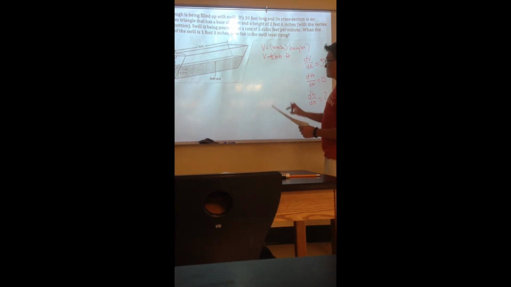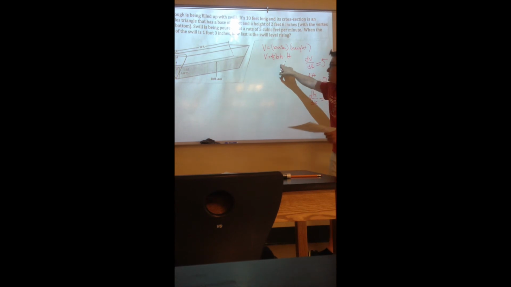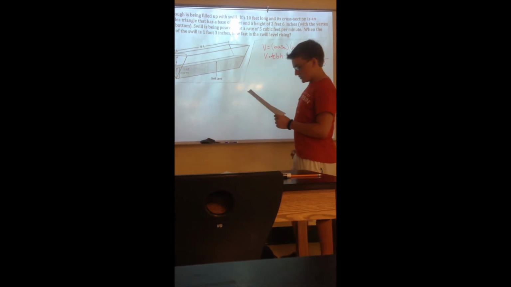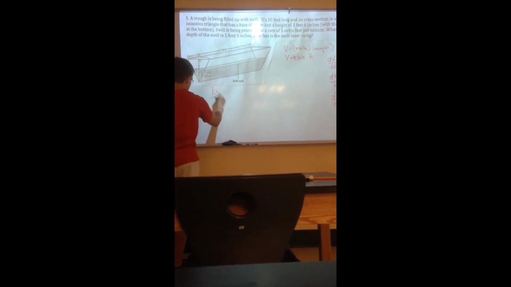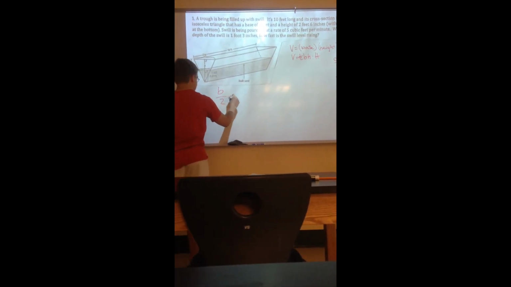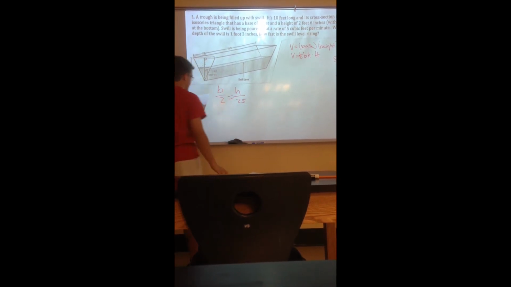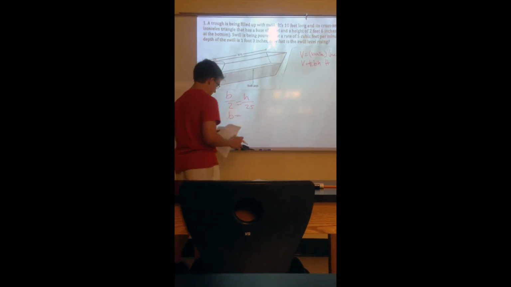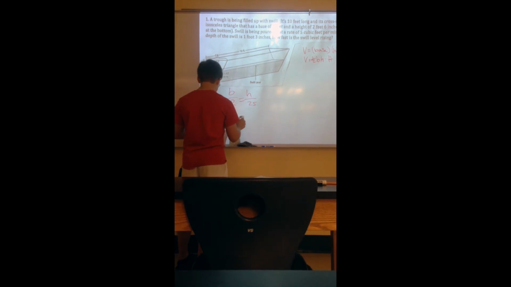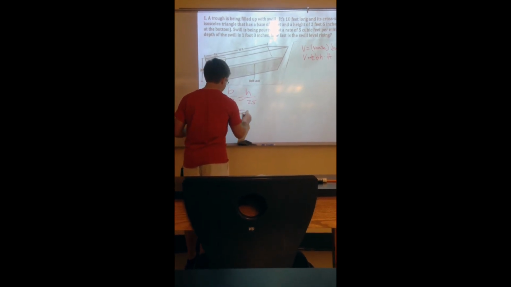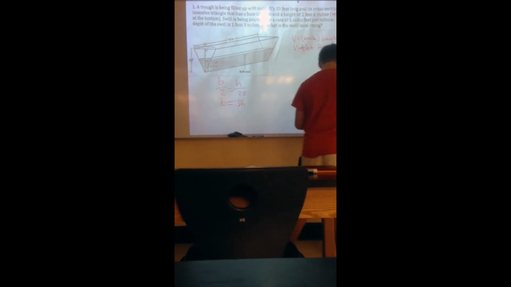So now we need to find b, so we can get this to a more simplified term. So we're trying to find b in terms of lowercase h. So we know that b over 2 equals 1 over 2.5 times lowercase h. Alright, so then that simplified comes out to b equals 0.8 h. Now we can start plugging into the equation.